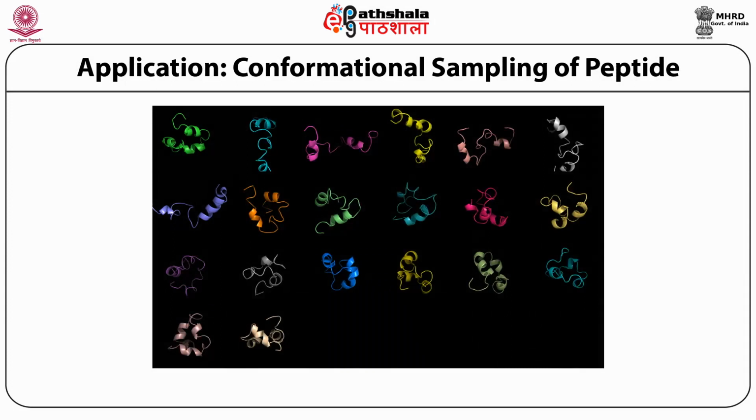Similarly, we can also perform the conformational analysis of peptides or small molecules where experimentally determined structures are not available. We can identify the most common conformation of small peptides, which can be further used for binding or docking study. Here we can see the different conformations of a small peptide generated during MD simulation.